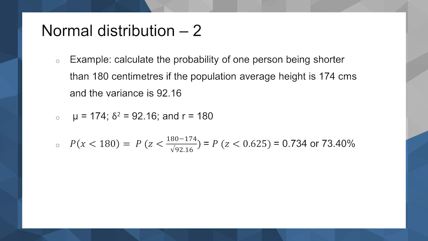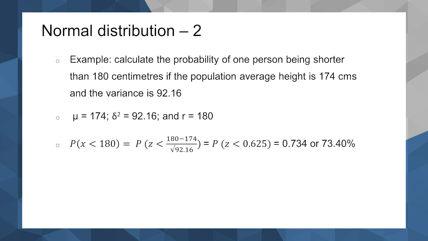But before we even go there, and we'll discuss them in a minute, just be aware always of this following. When you have the mean in a normal distribution, half of the population is below the mean, half is above the mean, and that's always the case. In this case, we've got a mean of 174. We're looking for a number that is 180. It's above the mean.